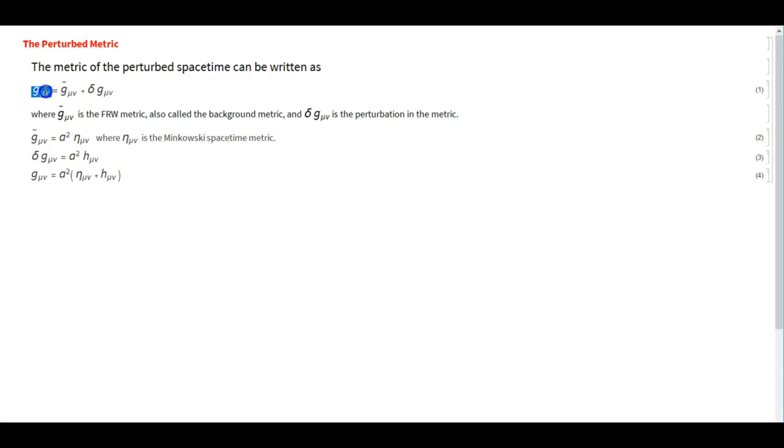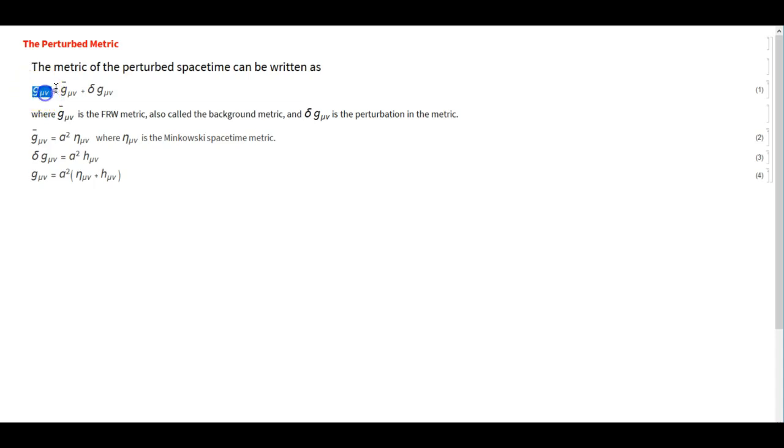So g mu nu is the value in some perturbed gauge. g mu nu bar is the value in background gauge, and this delta g mu nu is the perturbation to the background value, and this perturbation is in the gauge in which the value of this metric tensor is g mu nu.